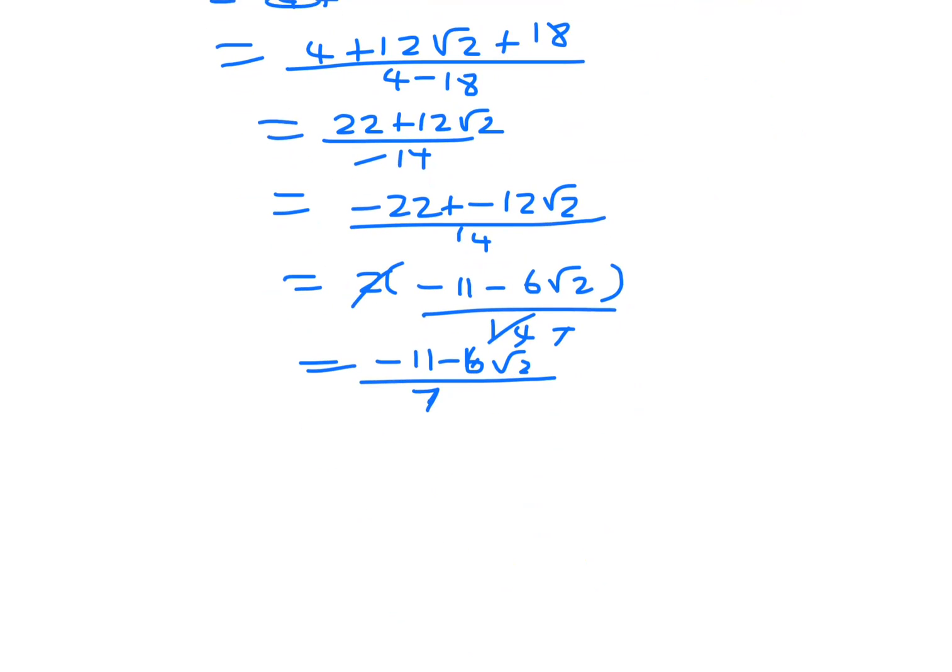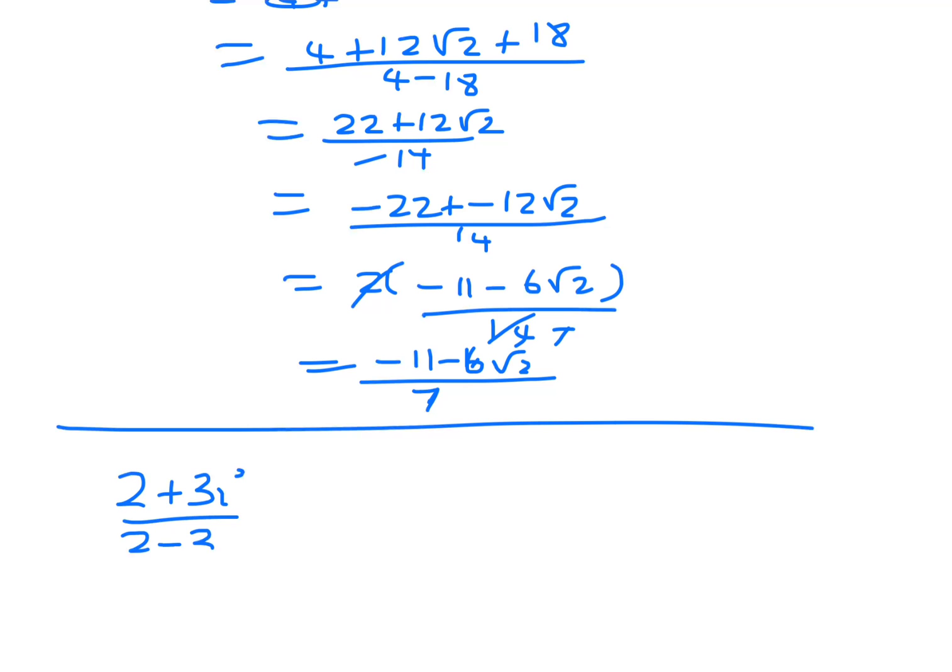to complex numbers. Okay, so if you have 2 plus 3i over 2 minus 3i, in order to simplify that, you really want it in the form of a plus bi.